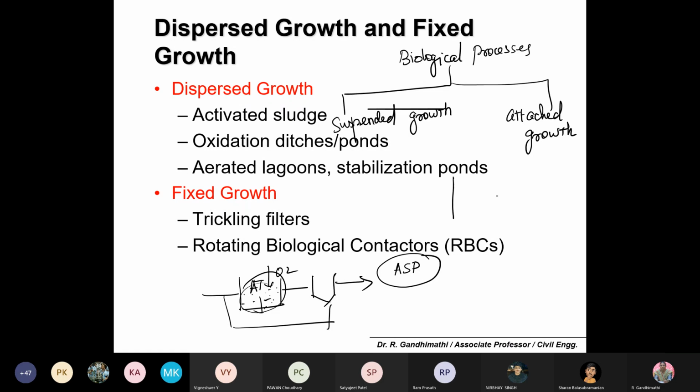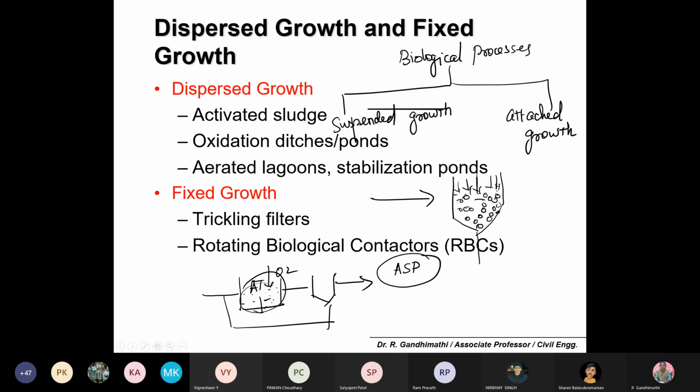In the trickling filter, after primary treatment, they will pass the wastewater to the trickling filter. This filter is filled with a sandy medium. It may be sand or it may be another filter medium. Then you are sprinkling the wastewater over the entire surface area of the trickling filter. That means you are allowing the wastewater to percolate through the filter.